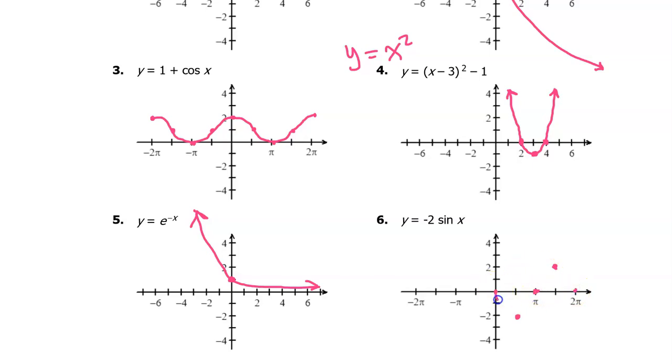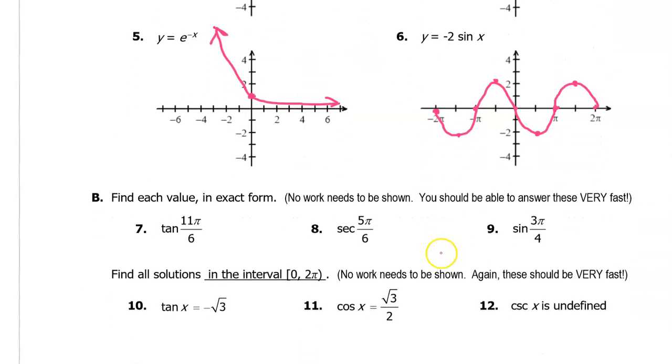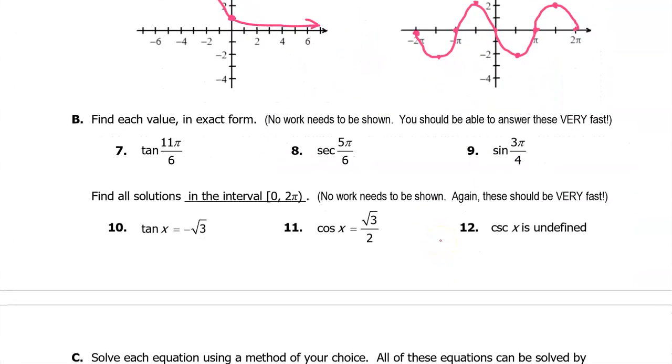So this is what one period of this function would look like. And we could continue the pattern on the left side as well. Okay. All right, so that's it for the graphing.